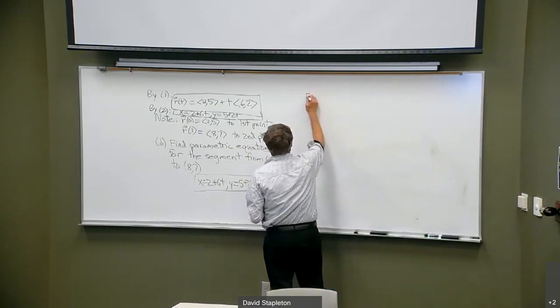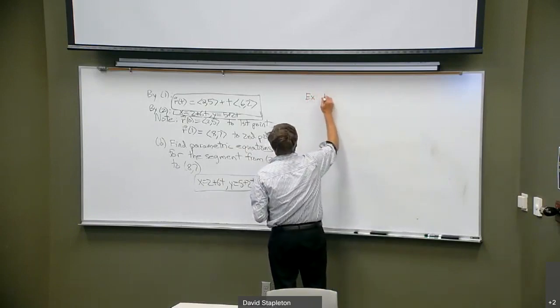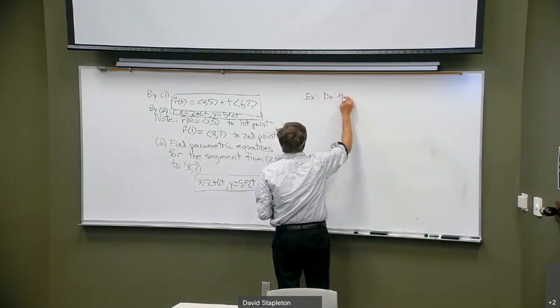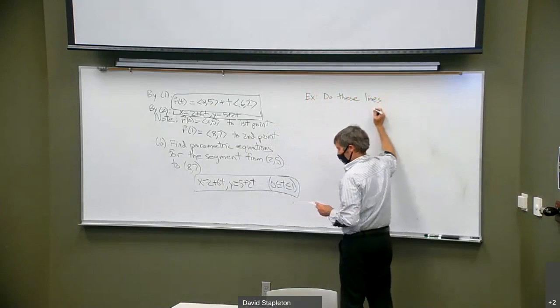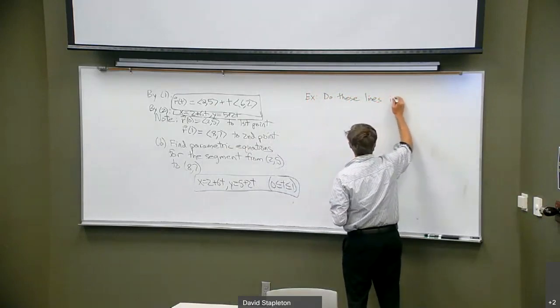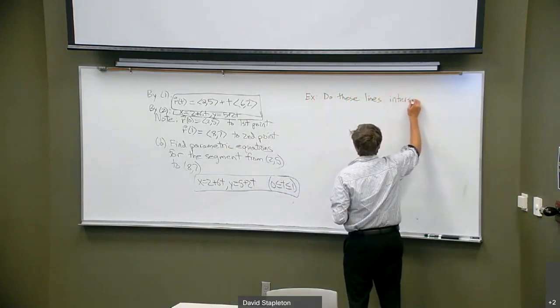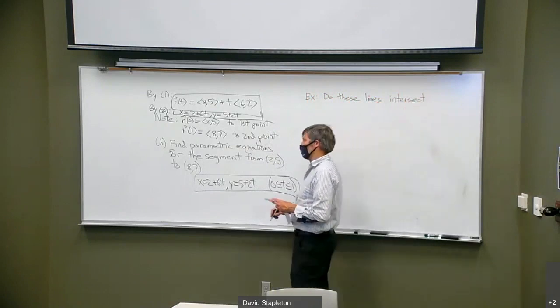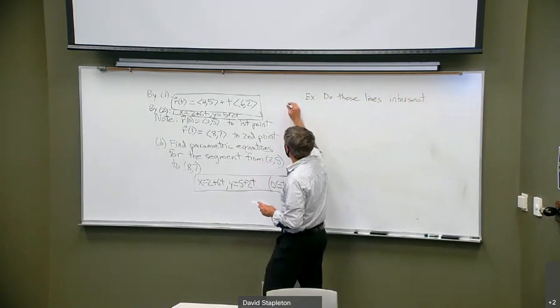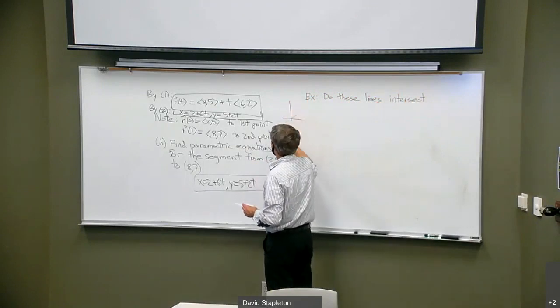Here's an example. Let's do some lines in 3 space. Ask, do these lines intersect? I was interested in when equations for lines intersect or not. In 2 dimensions, they're either parallel or they intersect. But in 3 dimensions, it's less obvious.